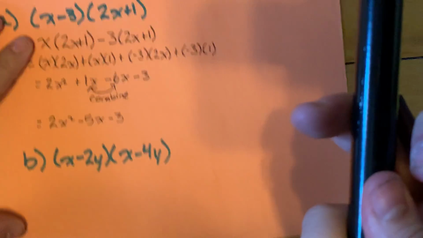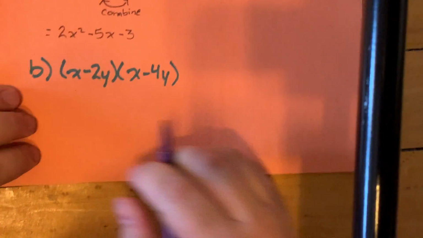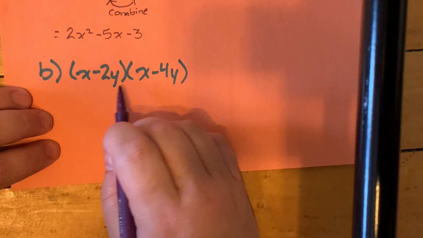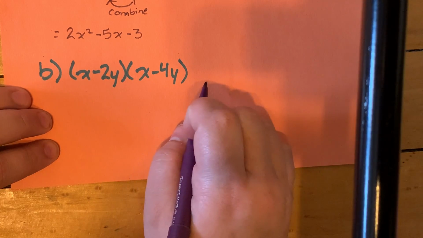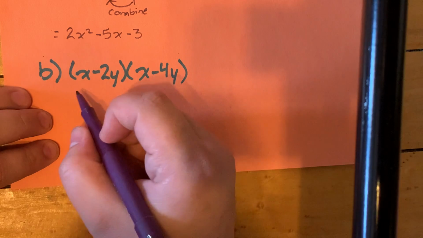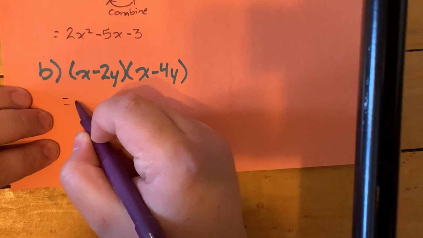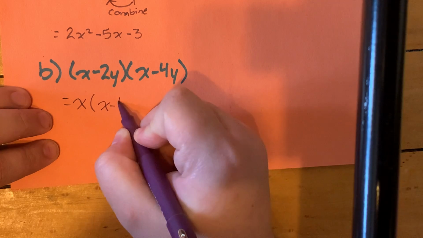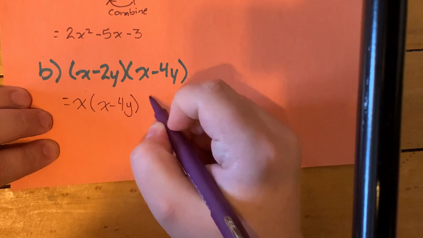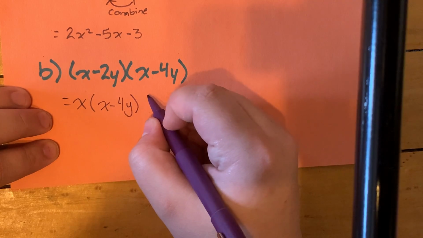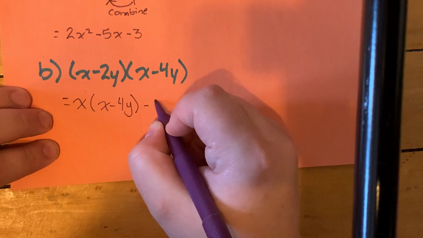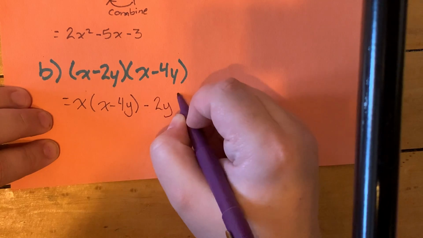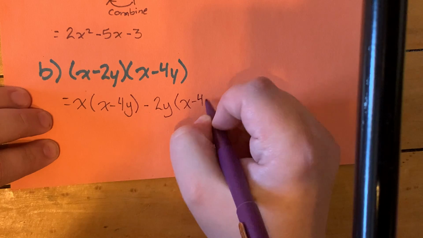Now this next example I'll go through for you guys. So we have x take away 2y times x take away 4y. Following the same steps as before, we're going to go x times x take away 4y, take away 2y times x take away 4y.